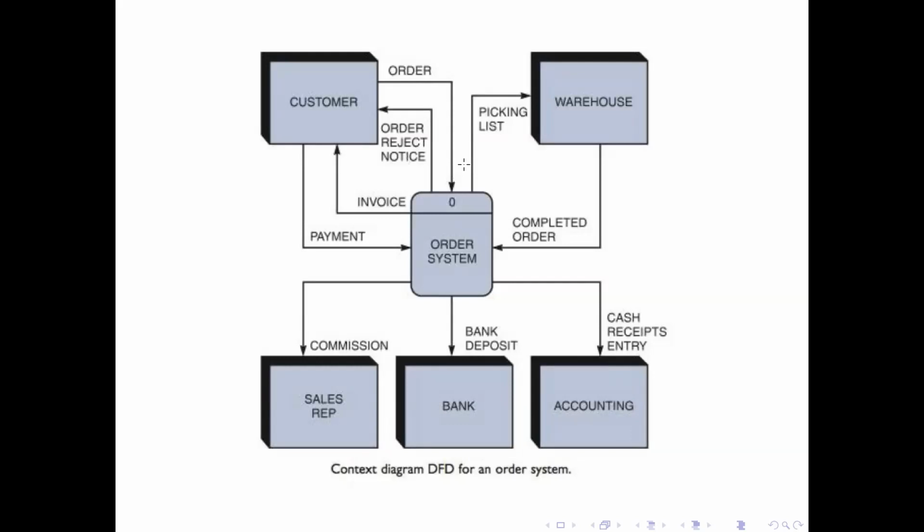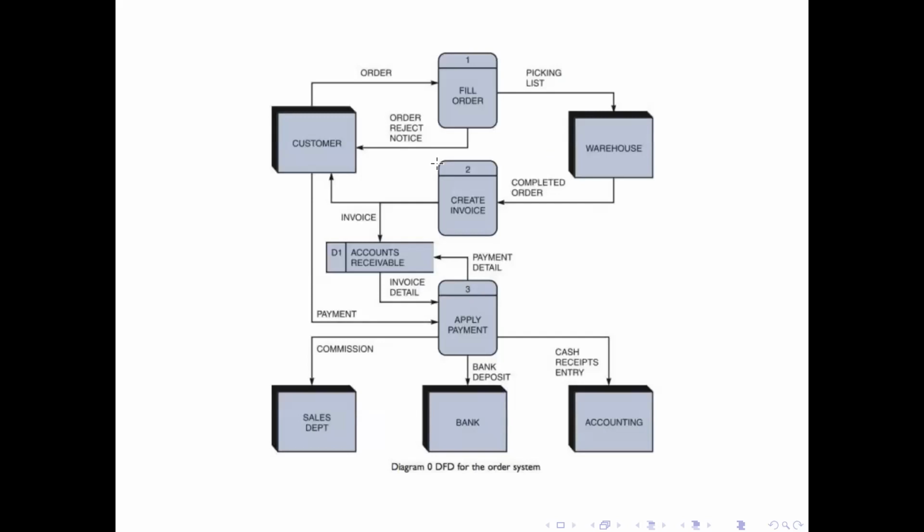The first one is with a single process, in your case the library information system, identifying the external entities and the data flows. Then you can identify more processes within the information system and number them. Let's say you identify a maximum of 3, and then you go into details.